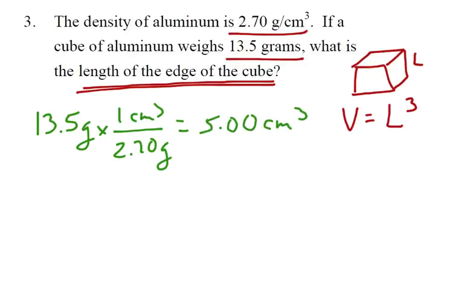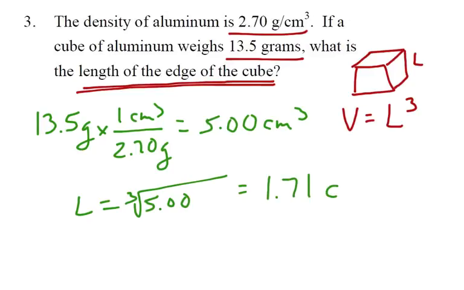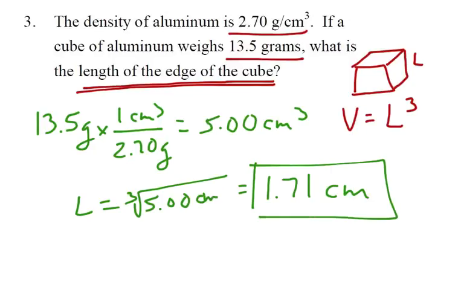So that's my volume. Then I would take the cube root of that, so my length is equal to the cube root of 5.00, and that turns out to be 1.71 centimeters. The 5 was cubic centimeters. When I took the cube root, I got centimeters, and that's my answer.